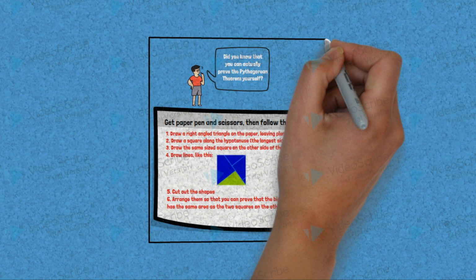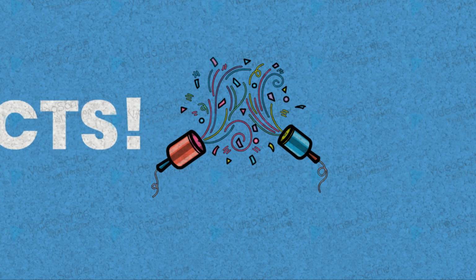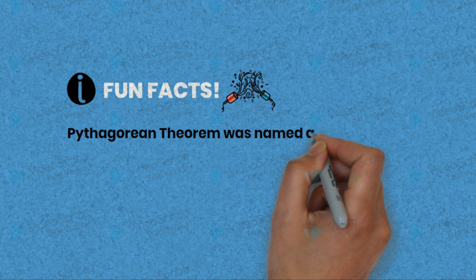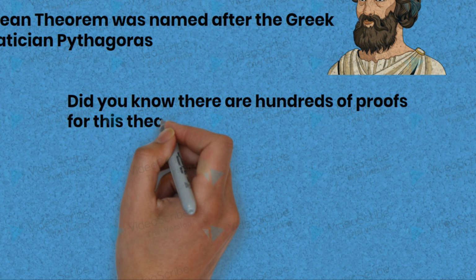Now here are some interesting facts that you must know before we end. Pythagorean theorem was named after the Greek mathematician Pythagoras. Yep, this is him. Did you also know that there are hundreds of proofs for this theorem?